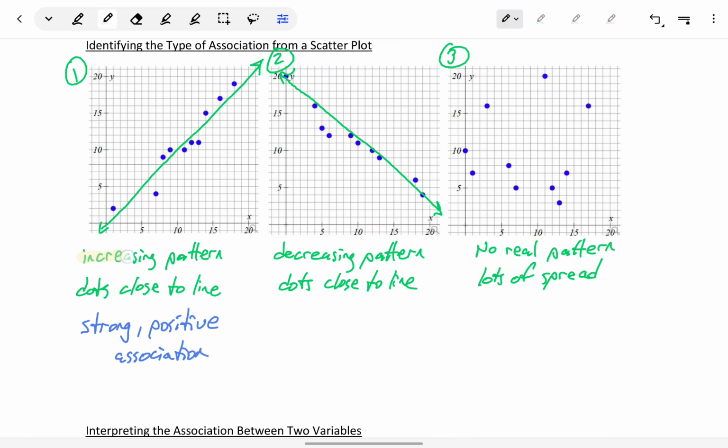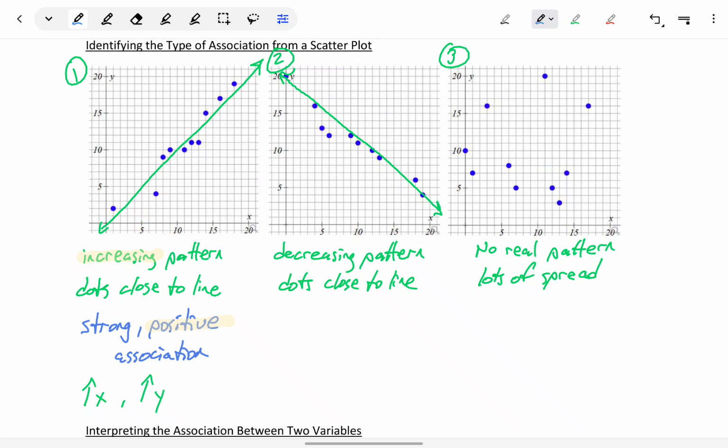So we link those words increasing and positive. This is a strong positive association because as x increases, as we read the graph from left to right, our y values are also increasing. That's the pattern that we see.